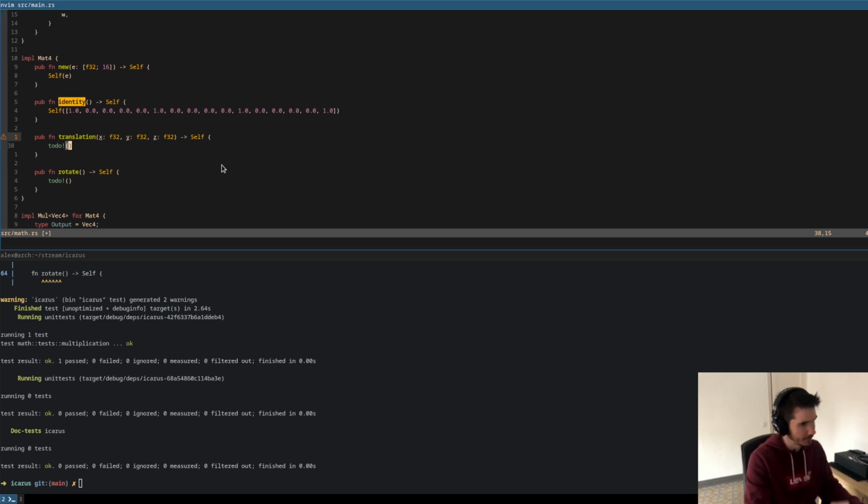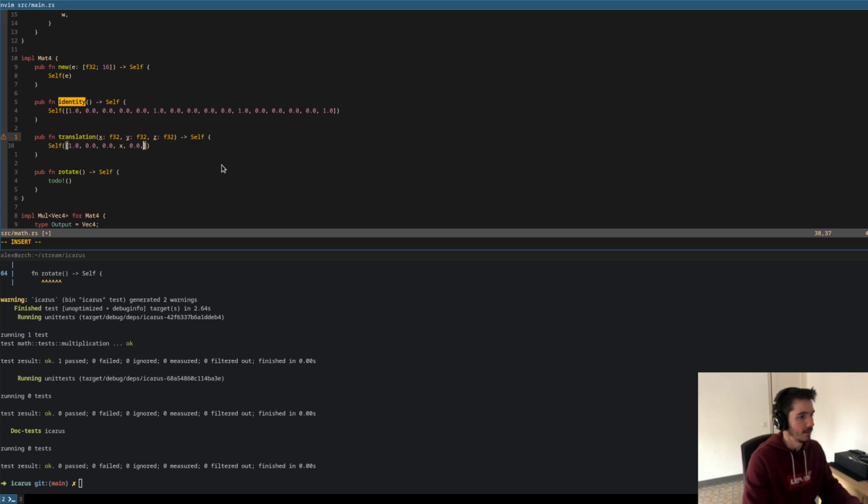And we can construct this matrix simply by having 1, x.